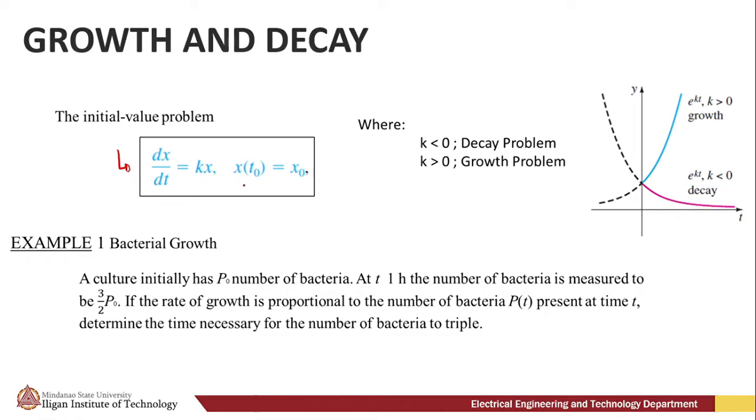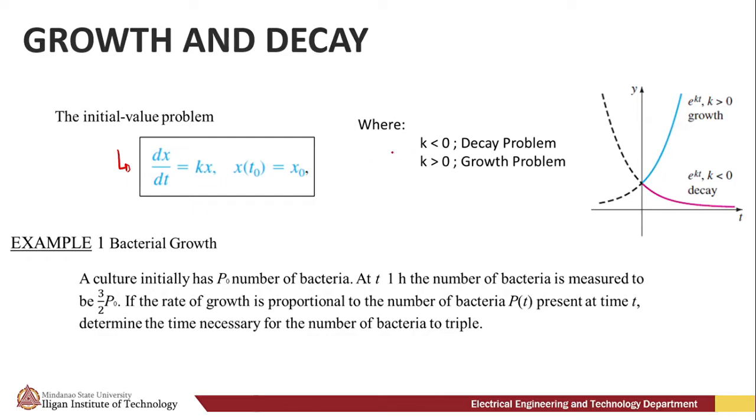So we have an initial condition here. At time t equals 0, we have the initial value of our population or the amount of the substance. Our constant of proportionality k here will determine if we have a growth or decay problem.